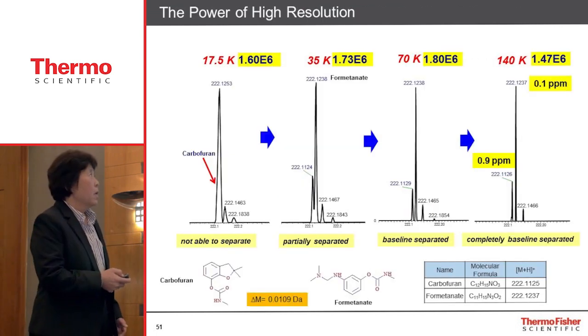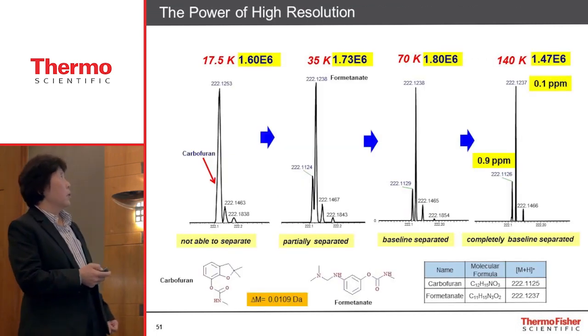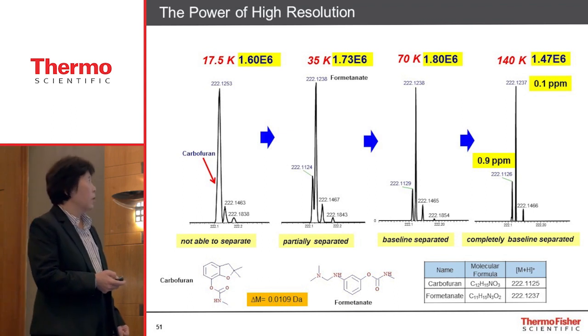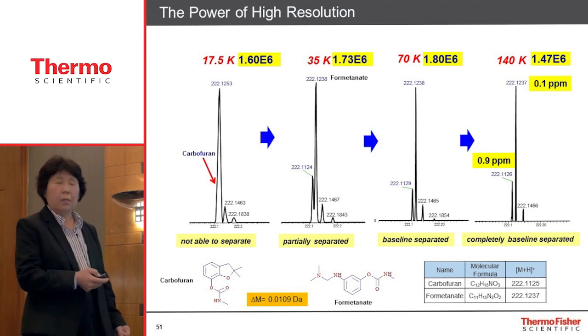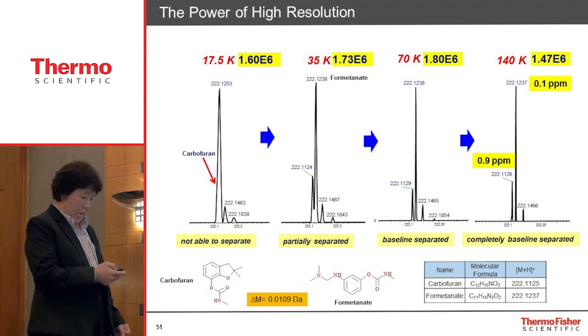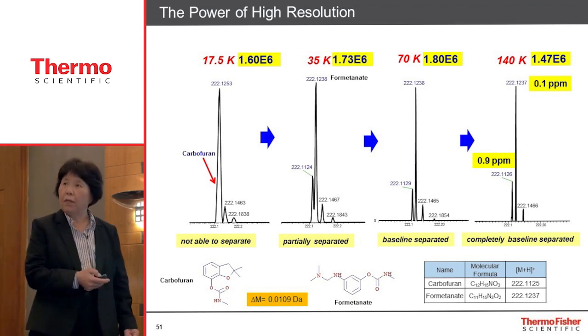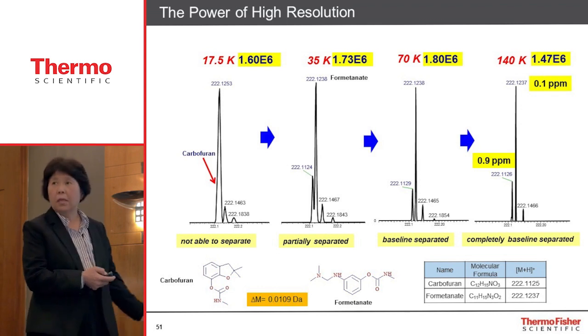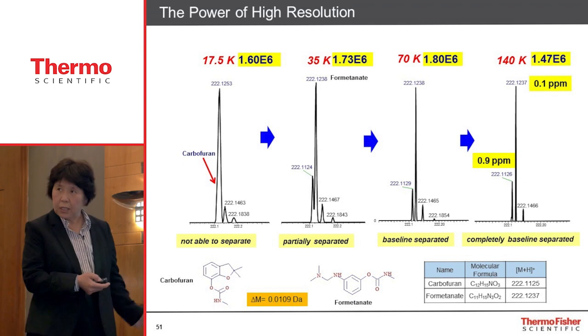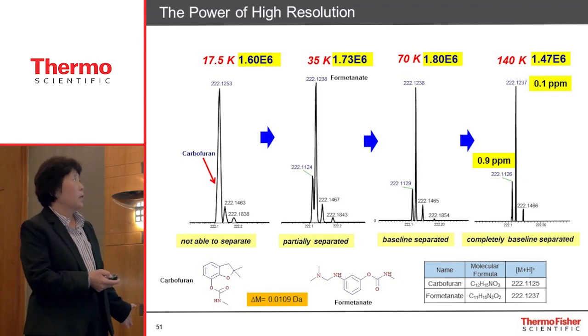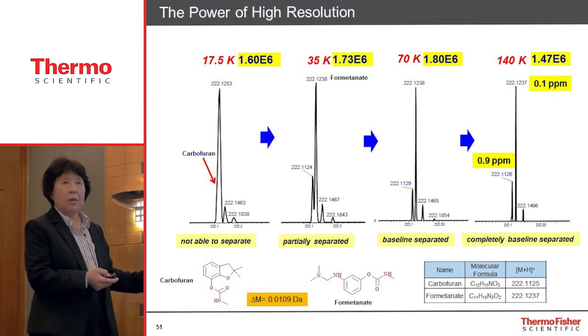So this is just a simple example of a mixture of two small molecule compounds at about a 1:3 ratio. At 17.5 K, we can't separate them, right? At 35 K, we can partially separate. At 70 K, baseline separated.